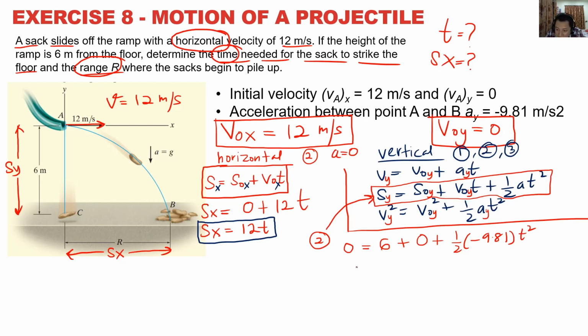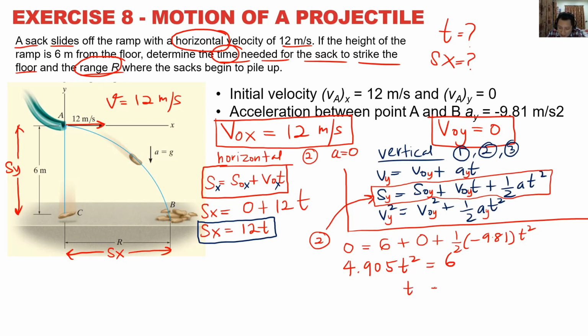So what is the time that you are looking at right now? Solve it. 9.81 divided by 2 is 4.905. So you're going to get 4.905 T squared is equal to 6.